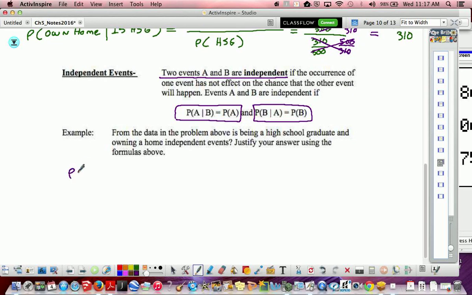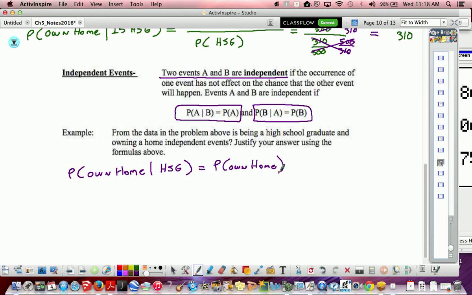Is the probability of owning a home, given that they're a high school grad, equal to the probability of them just owning a home? If those two probabilities are equal, they're independent. If they're not equal, not independent.